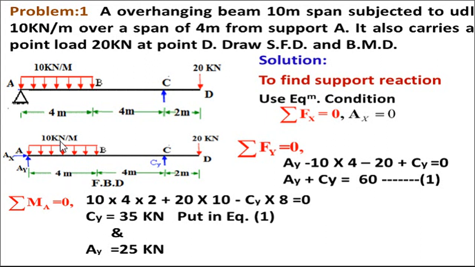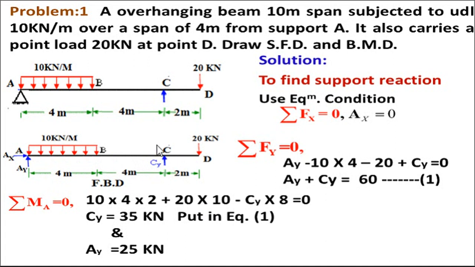So it makes a positive or clockwise moment, that's why it is taken plus 10 into 4 into 2. Plus 20 kN at D, it makes a clockwise moment, taken as positive. So 20 into total perpendicular distance 10, so 20 into 10.